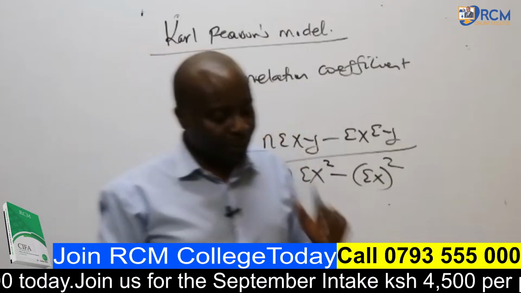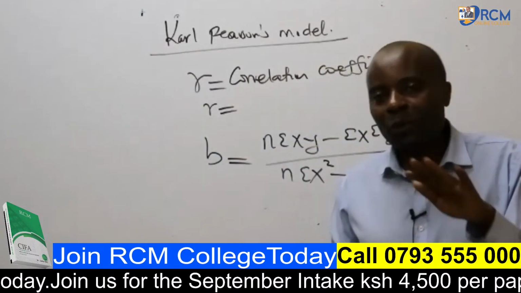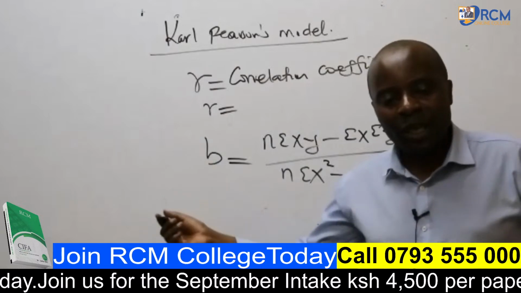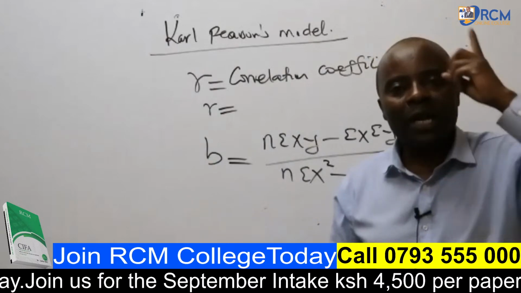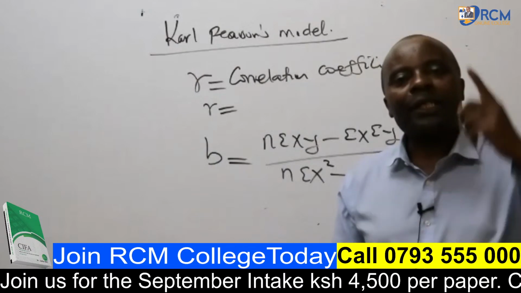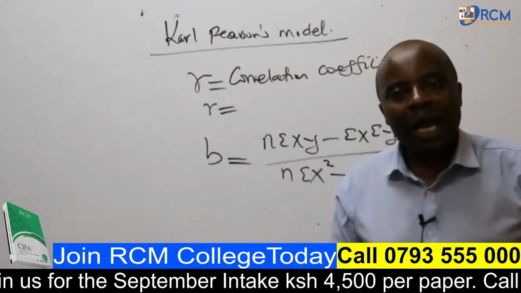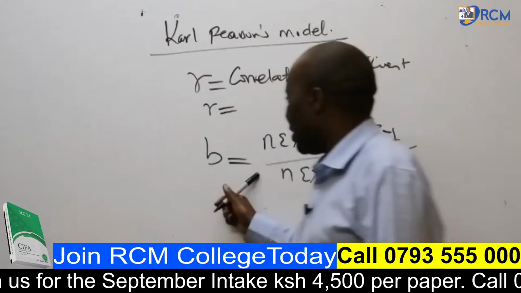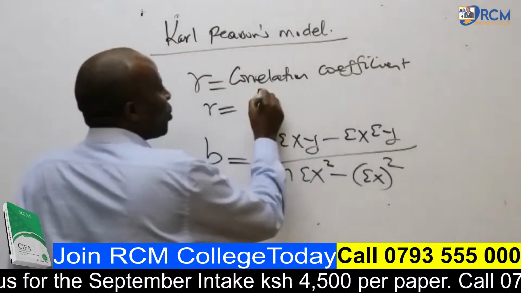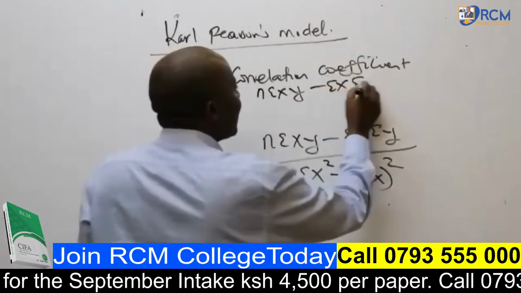Let me repeat this. I may forget many things about these formulas, but one thing that will never escape my memory is that the numerator of r is the same as the numerator of b. So we have n summation of xy minus summation of x, summation of y, all over.